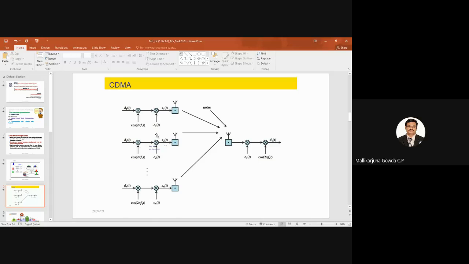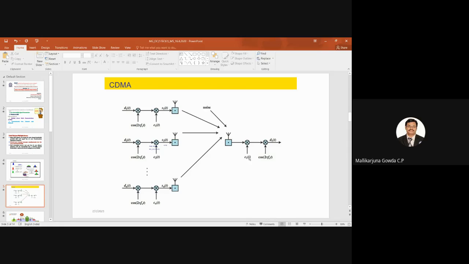When it is transmitted over the air, noise is also added to the transmitted signal. At the receiver side, the first step is to multiply with the pseudonoise code so that we can despread the signal, then do the demodulation. Here one example is shown for D1 of t. That is why only C1 of t is used as the pseudonoise code here.